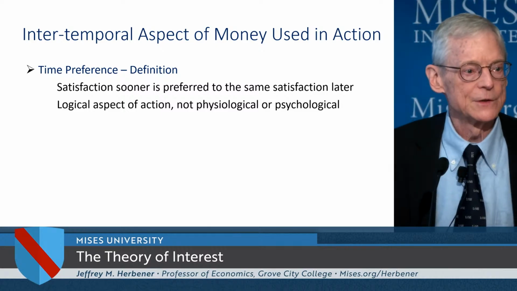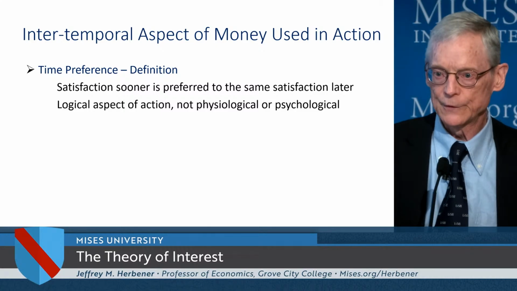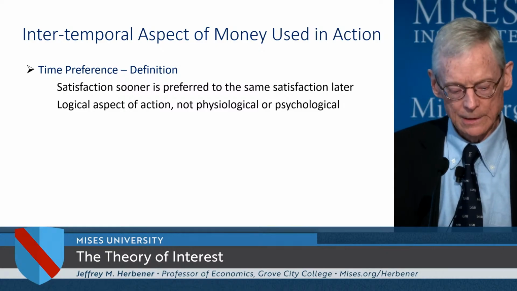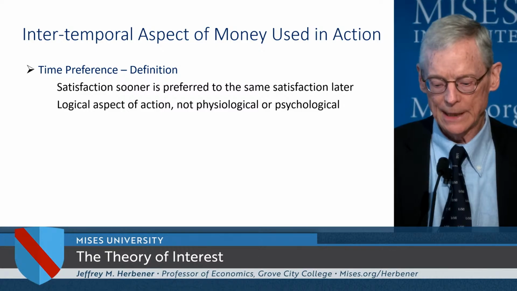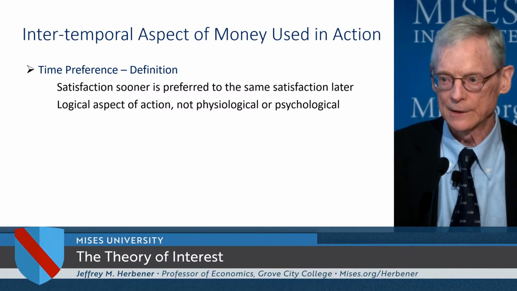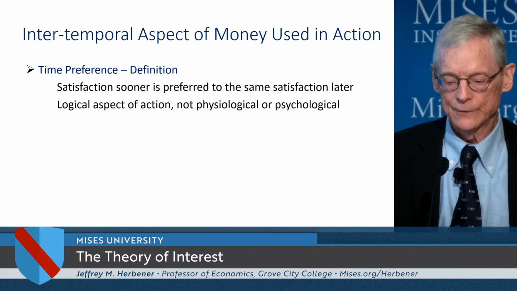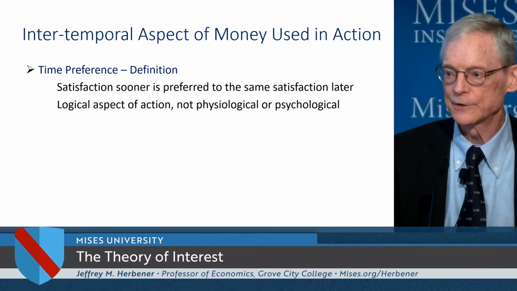And the other thing to mention about this, notice, is that this is purely, just like preference itself, a purely logical notion, right? We're not talking about physiological aspects of acting or psychological time preference. It's not that we're impatient or something. That's a psychological notion.